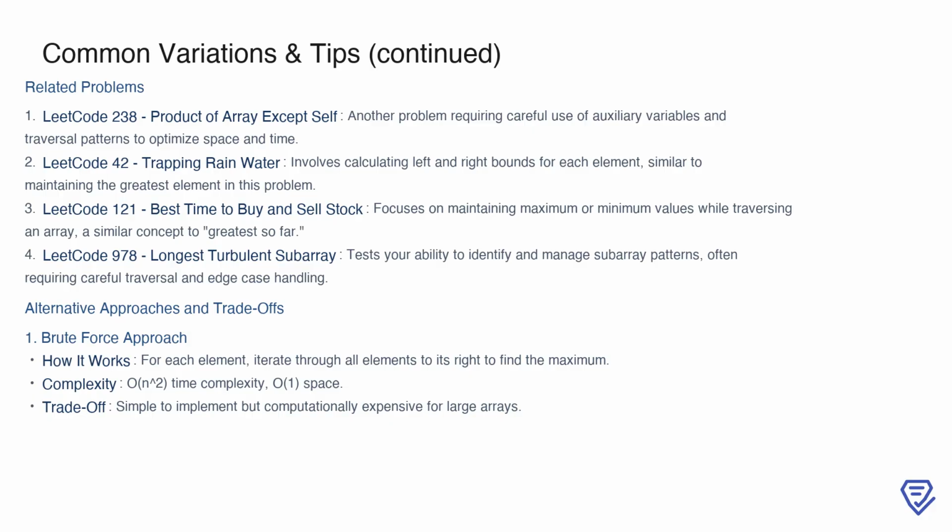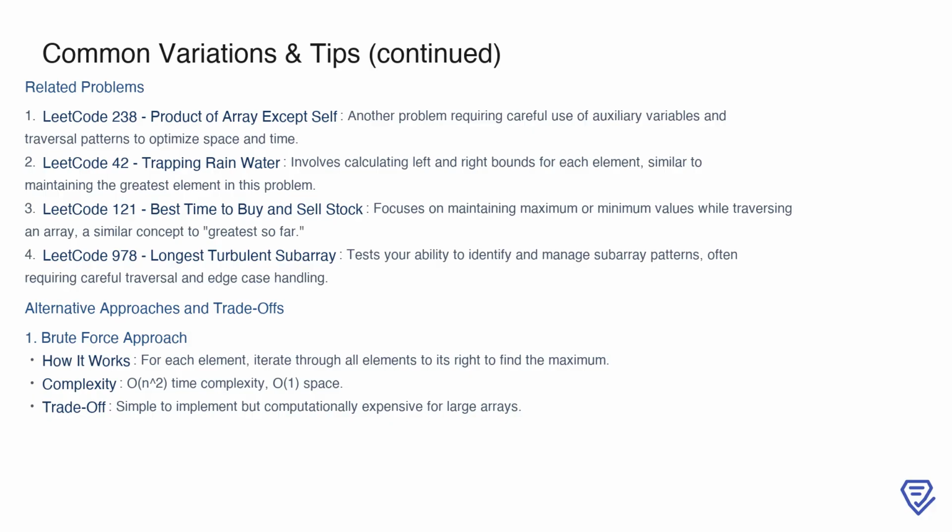LeetCode 121, Best Time to Buy and Sell Stock, is another good example, as it focuses on tracking maximum or minimum values during array traversal, using the same greatest so far idea. Lastly, LeetCode 978, Longest Turbulent Subarray, tests your ability to recognize and handle subarray patterns. It often requires careful traversal and edge case handling, which are also critical for solving this problem.